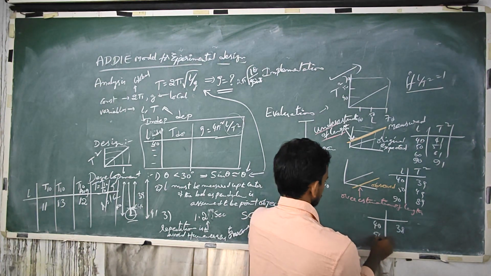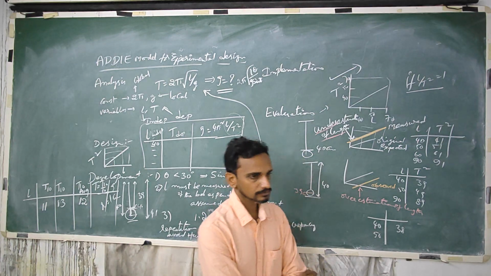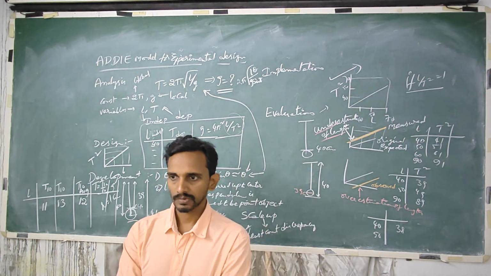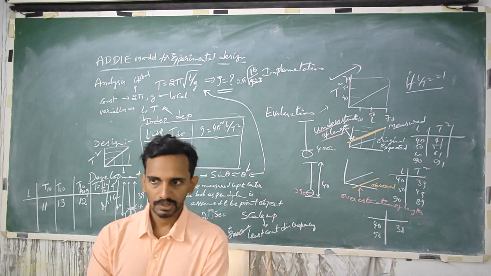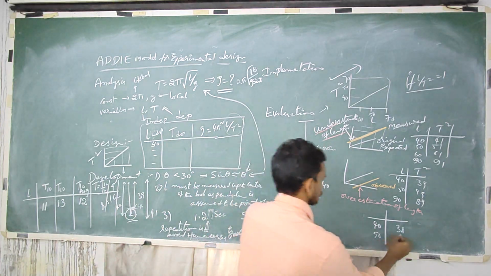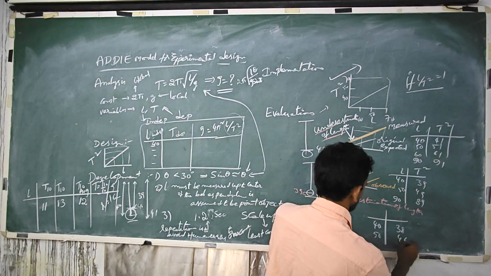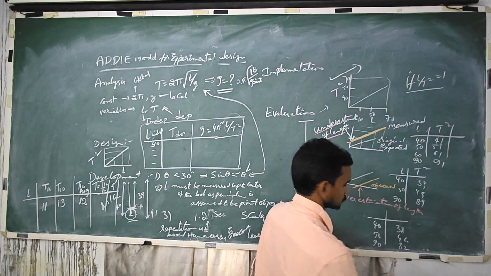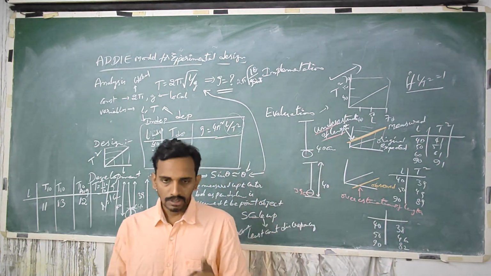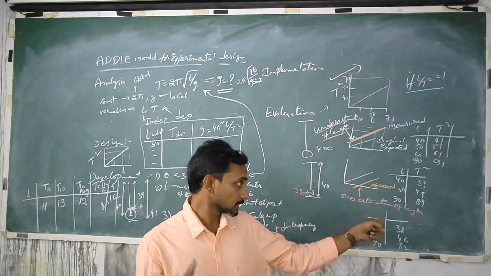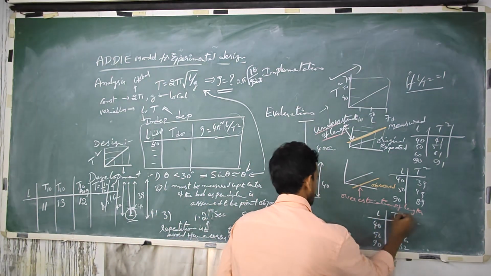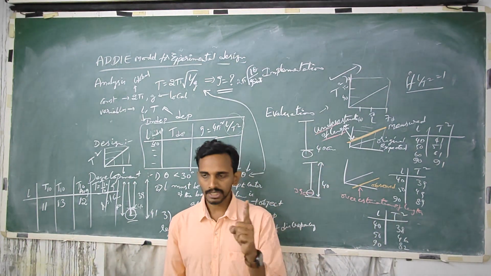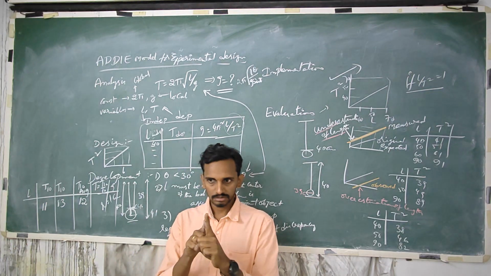And for 50, I get an even lower number. For 90, I get, because I am squaring the time, I'm subtracting one count.